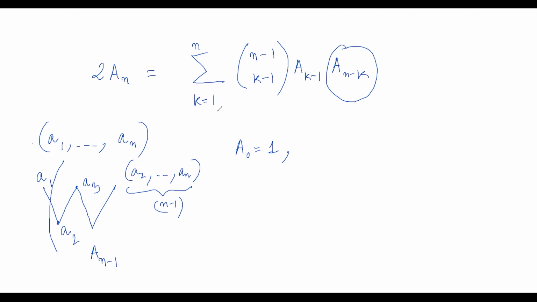Similarly, when k is equal to n, that is the other extreme possibility, in the sequence a1, a2, dot dot dot an, an is n. Since an is n, it finally ends above, and the rest is a sequence of length n minus 1.